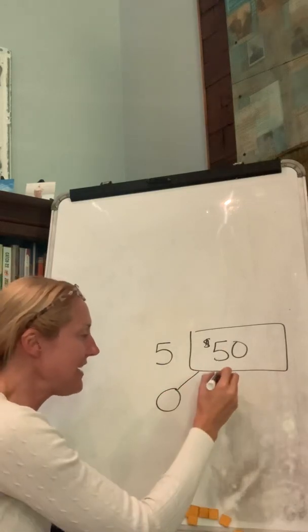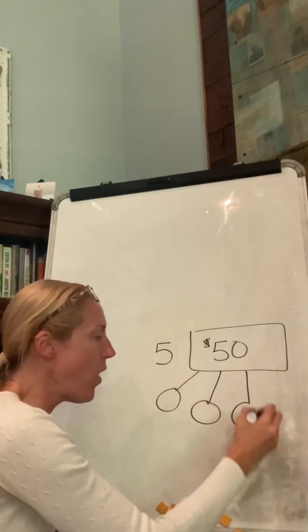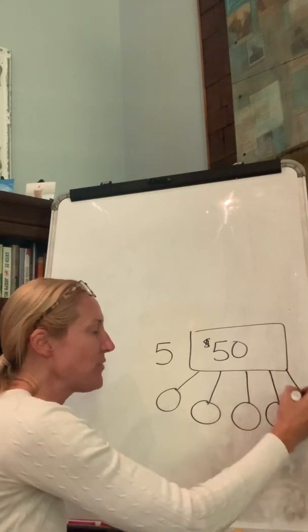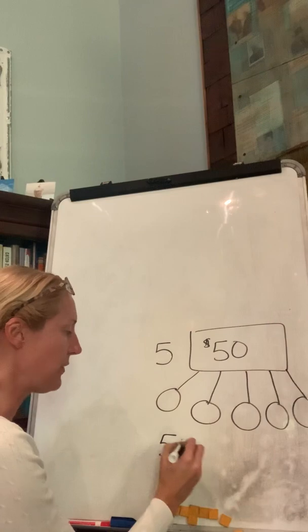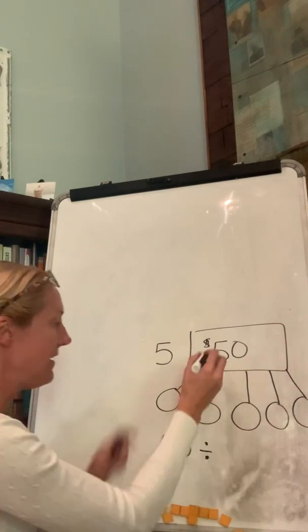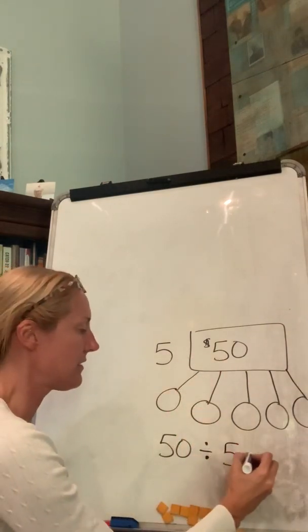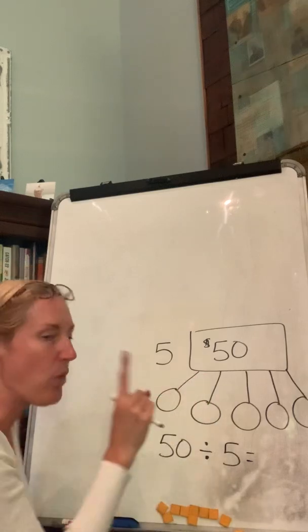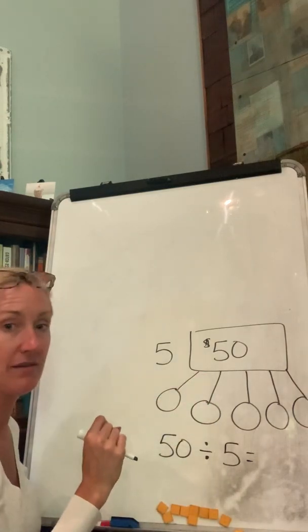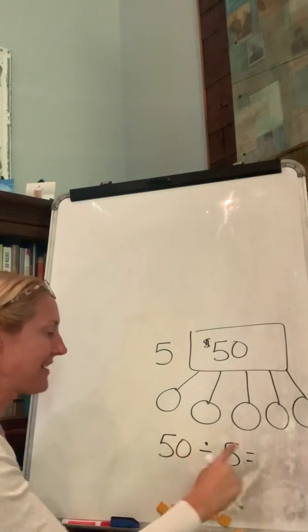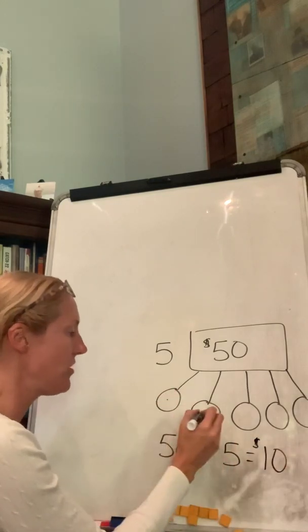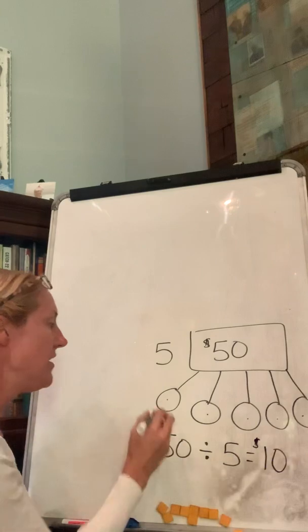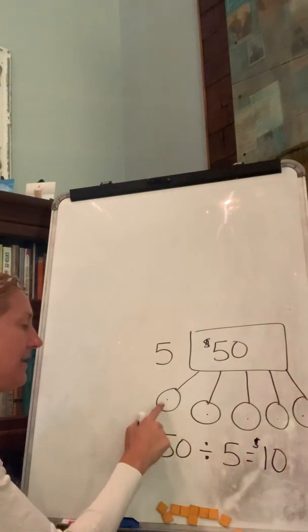How much did each book cost? One of the books. That means we have to take our $50 and split it up. If we're splitting it up, it's dividing it into the 5 books to find out what one of the books cost. So that's going to end up being $10 for each book. 10, 20, 30, 40, 50. So one book would cost $10.